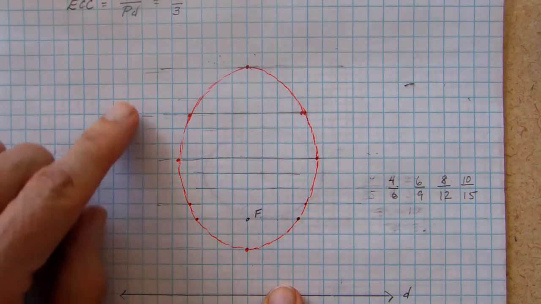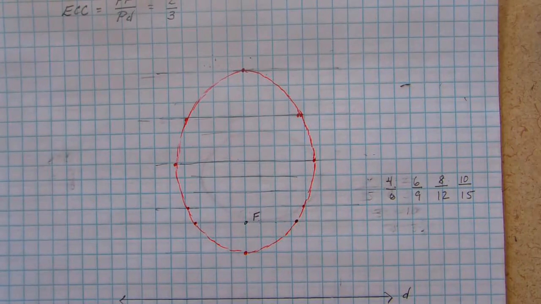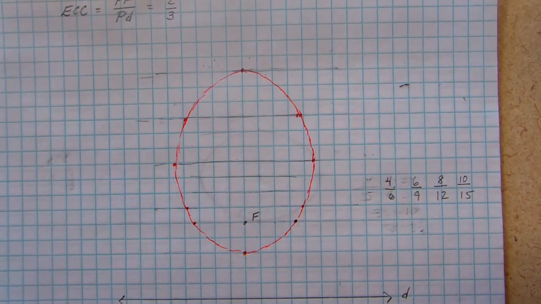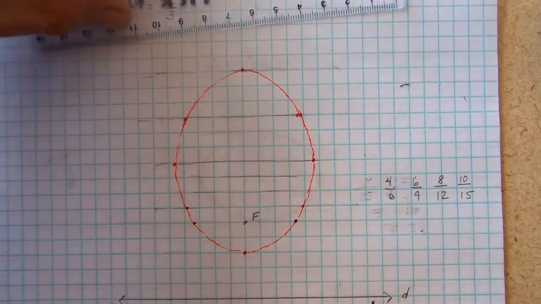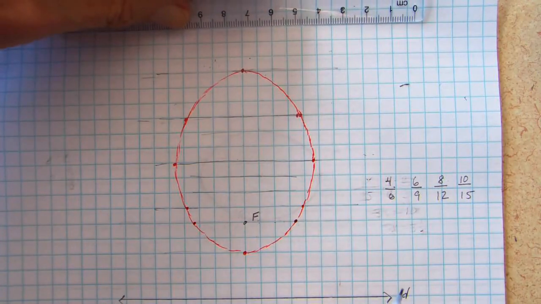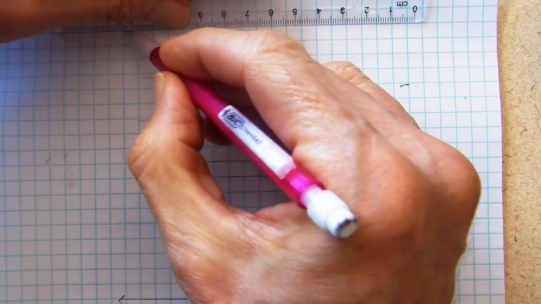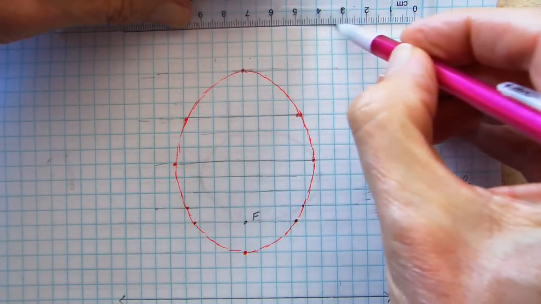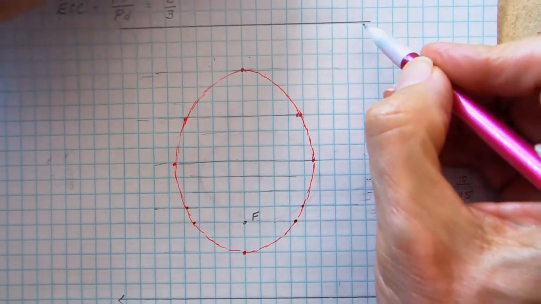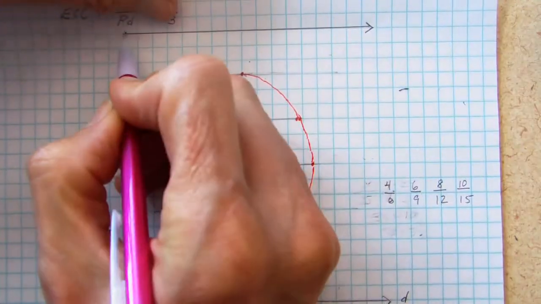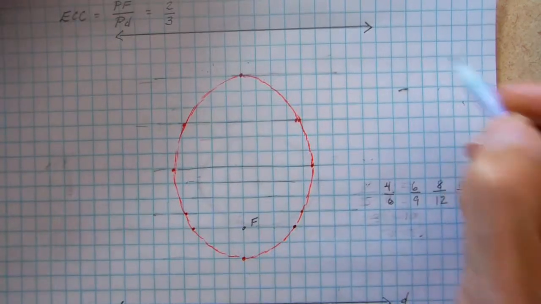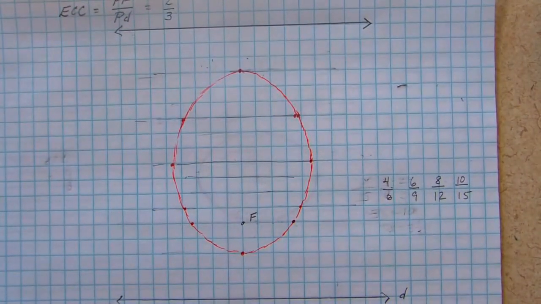Well, it turns out there's another directrix, right on the opposite side. So let me go up to the top here. 3 above the top. This would be another directrix. And so what we say is you actually have a pair of directrices. Okay, let me zoom back a little bit.